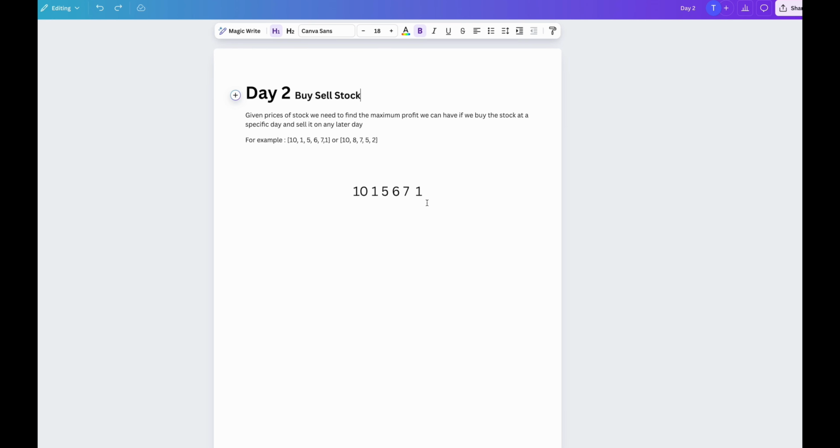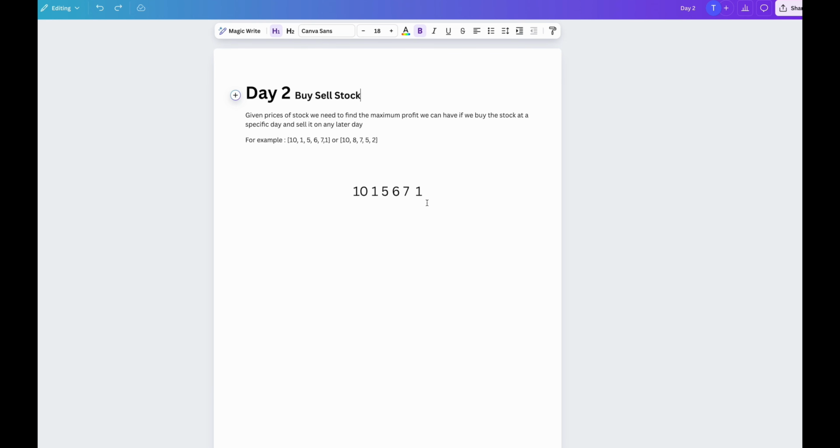So the index position is the day at which the stock is priced. You can only sell at a later day. You have to buy first before you sell. You can't go back and sell it.